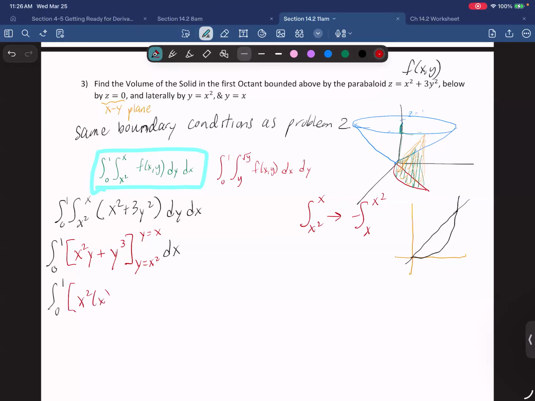I have x squared times x plus x cubed minus x squared times x squared plus x squared cubed.